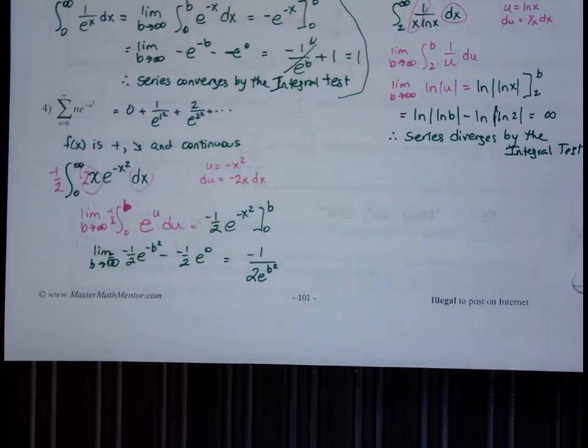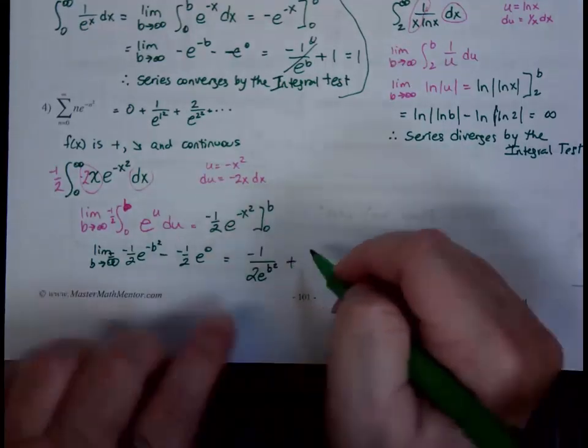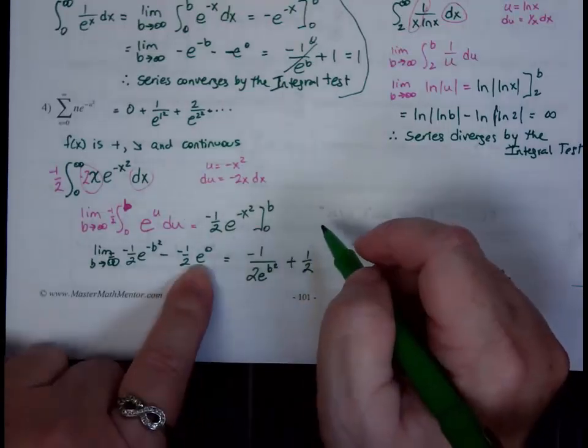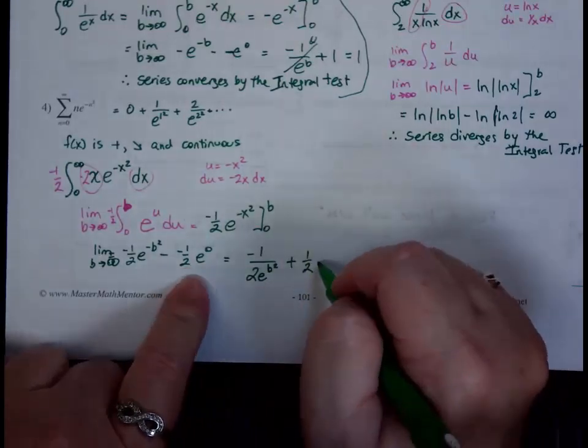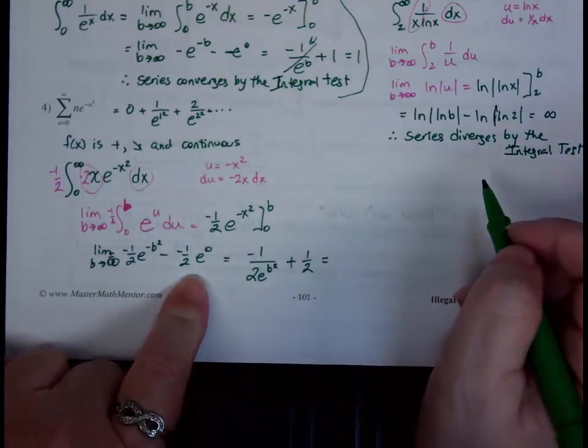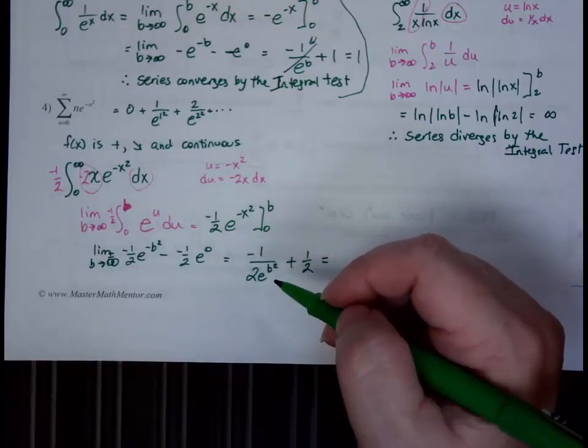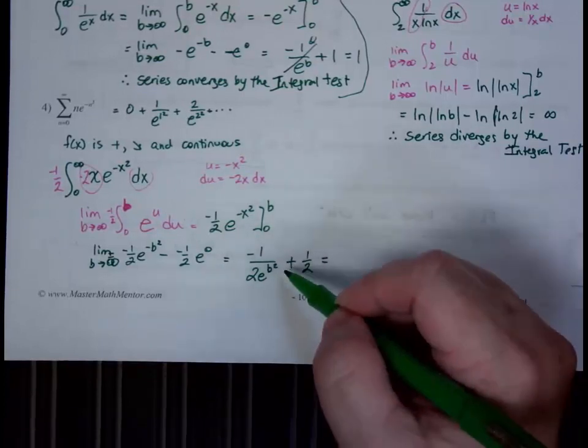Are we good with that? Negative b squared goes to the bottom, becomes positive b squared. Plus 1/2 times 1. Okay? Now remember that b is becoming infinity. b squared is a super large infinity.